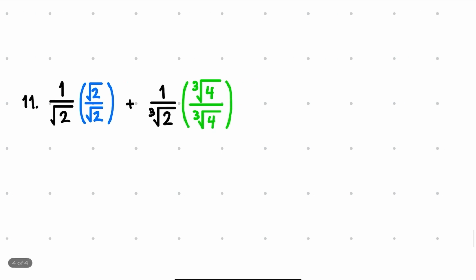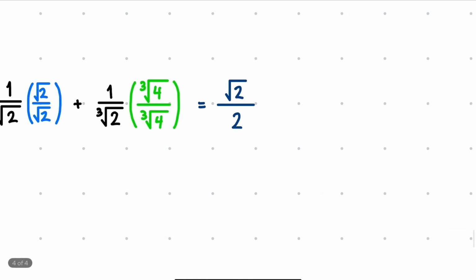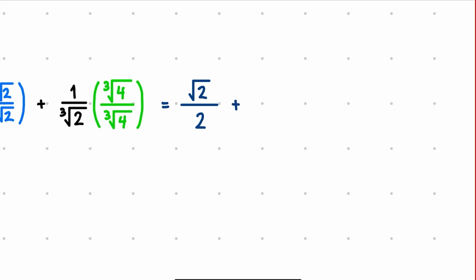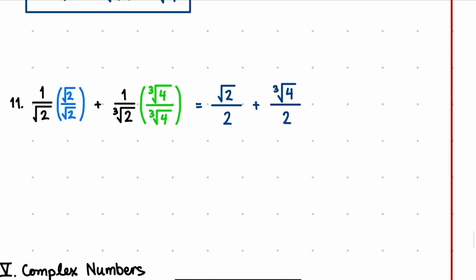So by doing that, we'll be left with, for the first one, square root of 2 all over square root of 2 times square root of 2 is just 2 plus cube root of 4, and then the denominator will just be cube root of 8, or simply just 2.